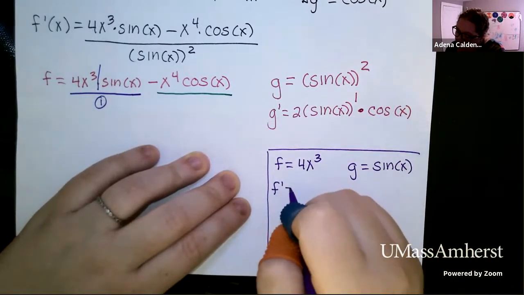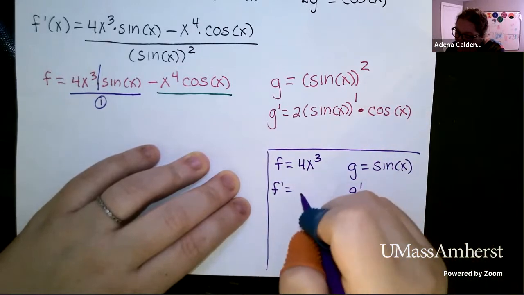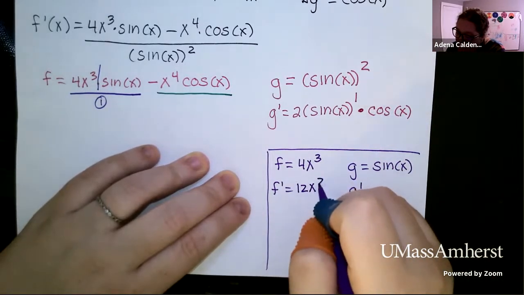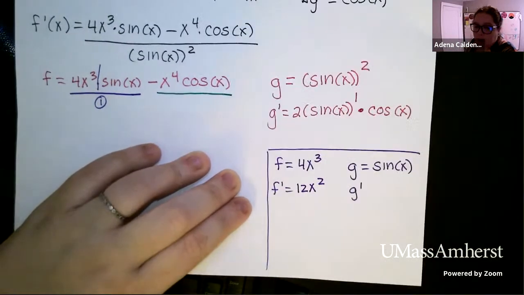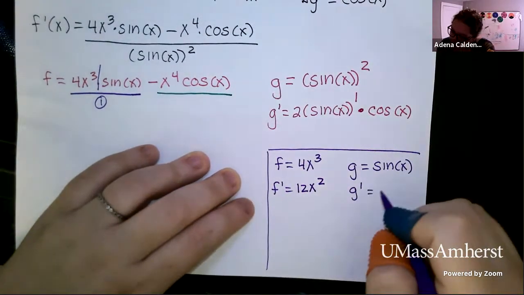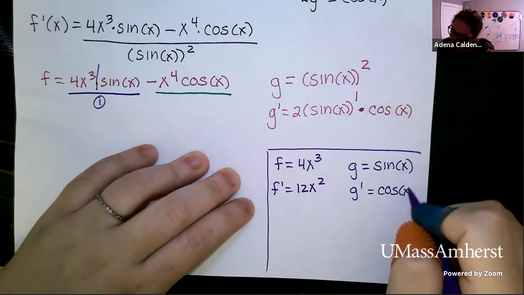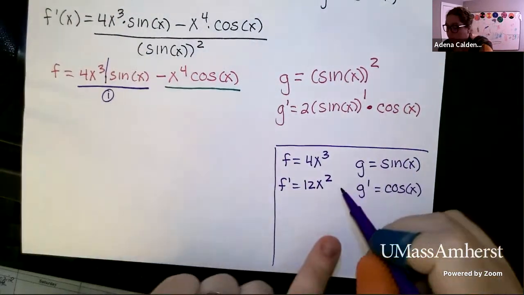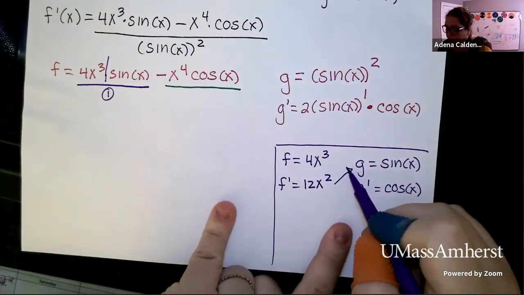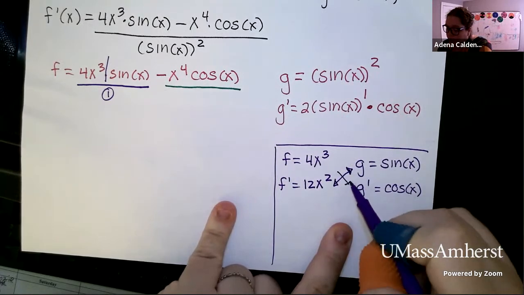Then I take each of their respective derivatives. The derivative of 4x cubed is 12x squared. That's a power rule. Derivative of sine is cosine. So when I do the product rule here, I do f prime times g plus g prime times f.